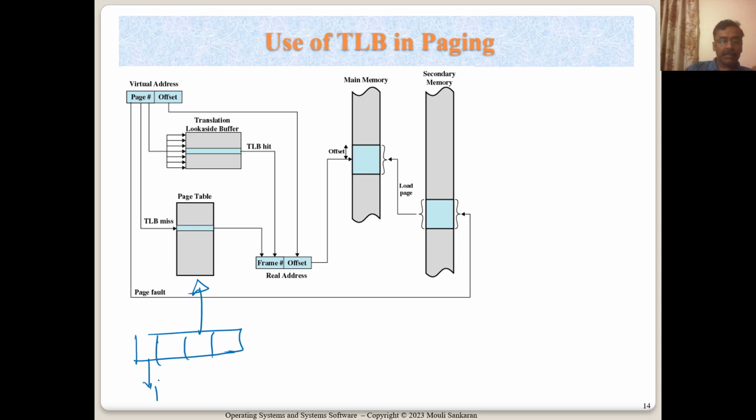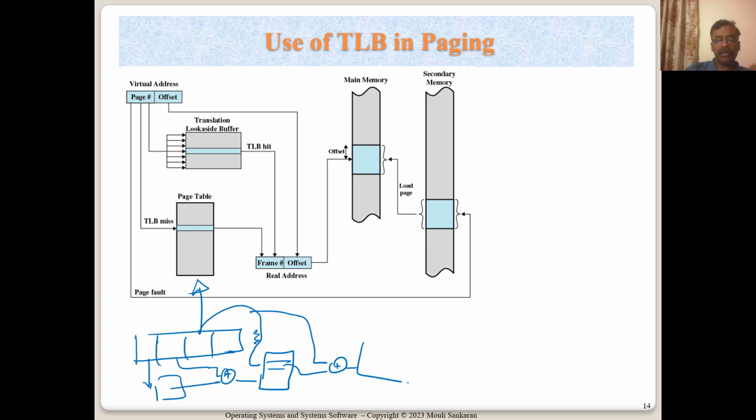You go here, access the page table, and add this offset, and then access another page table, then take out this offset. Sorry, it should not come here, it should come here, and the offset is here. So I take this plus that, and then the page table, and finally I get the frame number, and then access the frame.